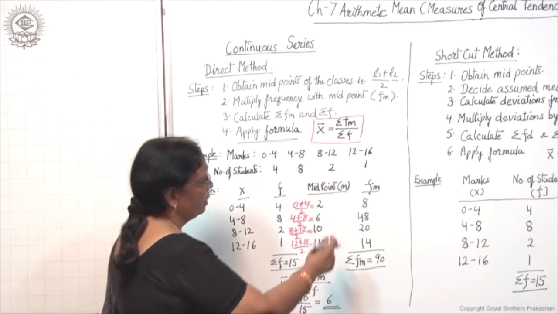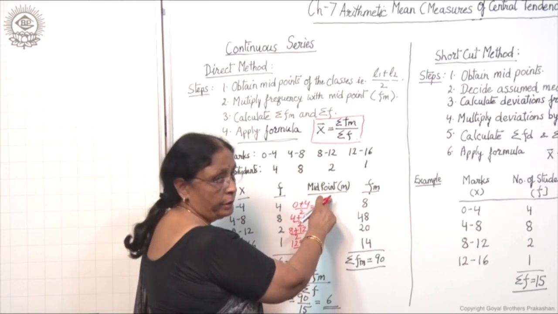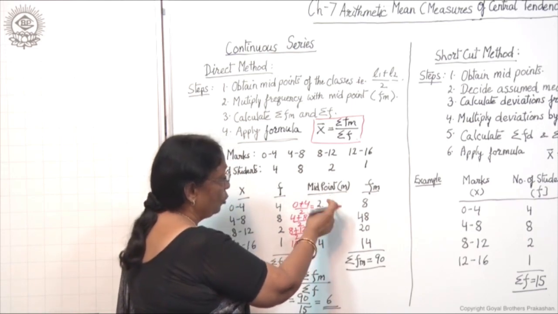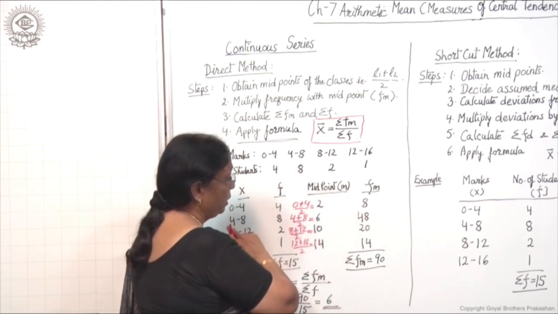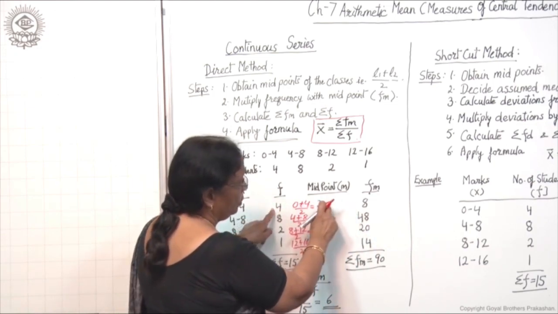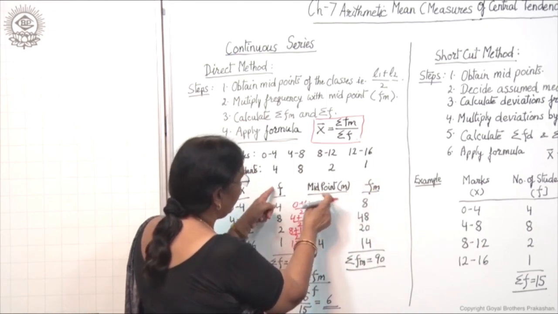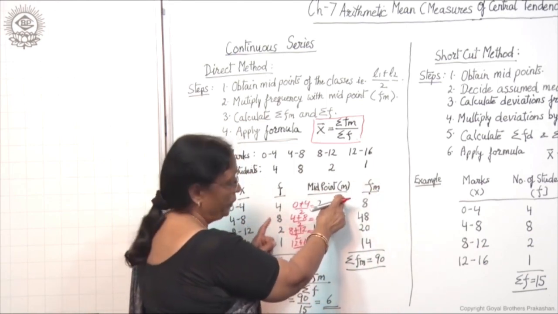After this, you have to multiply frequency with midpoint, right? Or multiply midpoint with frequency. What will you get here? Multiply 4 with 2, you will get 8, and this will be fm because you are multiplying f with m, right?